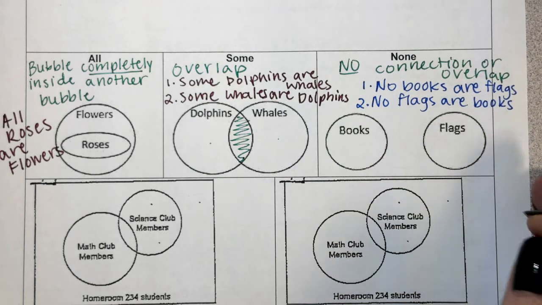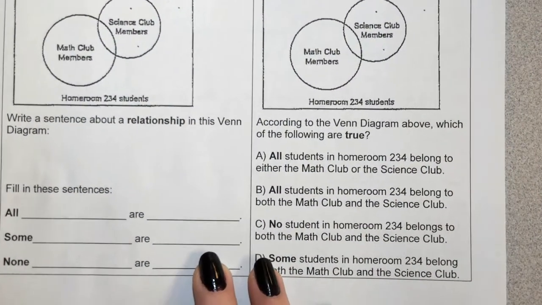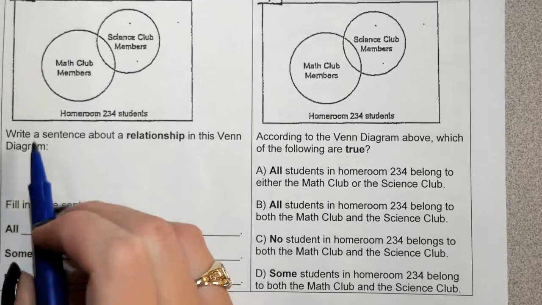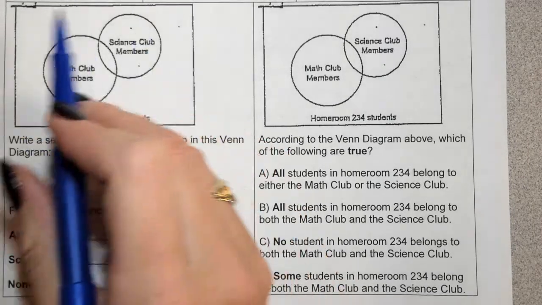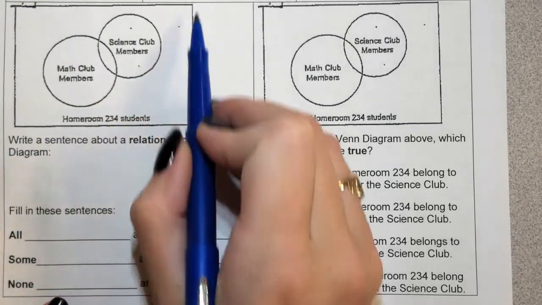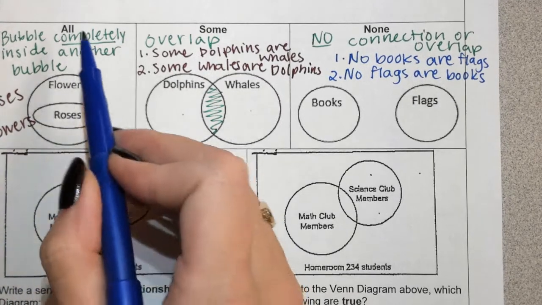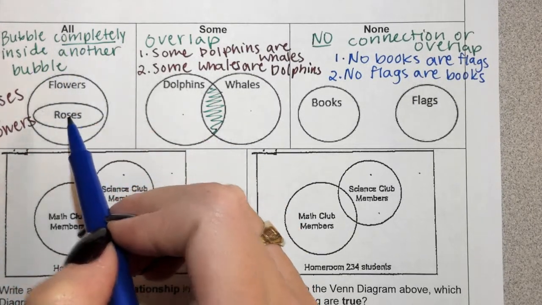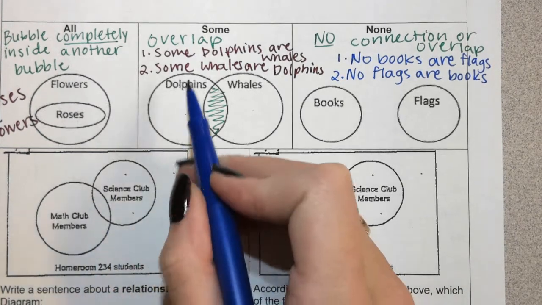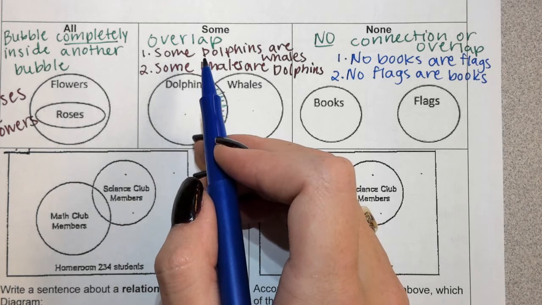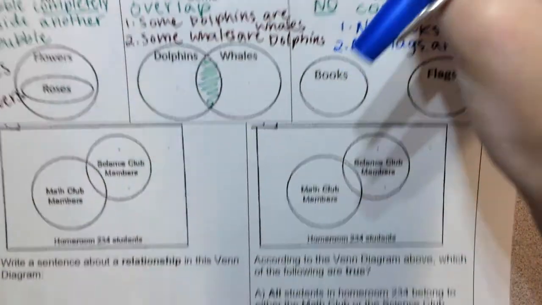Alright, so we're going to look at these two on the front together and do the back of this in class. It says write a sentence about a relationship in this Venn diagram. If we look at this picture right here, this big box is containing all of it. Since these bubbles are inside, that should be a giveaway that I'm going to be seeing some sort of all relationship. I also see an overlap, so I might be seeing something with some. I'm not sure about none, but maybe that will come up.